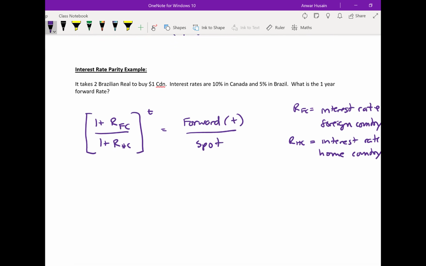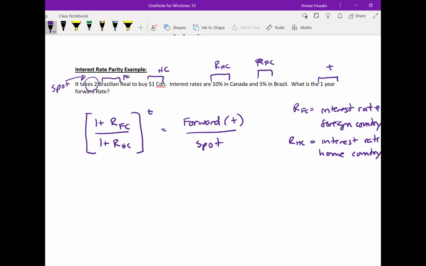So let's just plug the numbers in straight from this example. In this case, again, home country is Canada. Brazil is the foreign country. So we have the home country interest rate is 10%, and the foreign country interest rate is 5%. The time is 1 year into the future, and the spot rate is 2 right now.